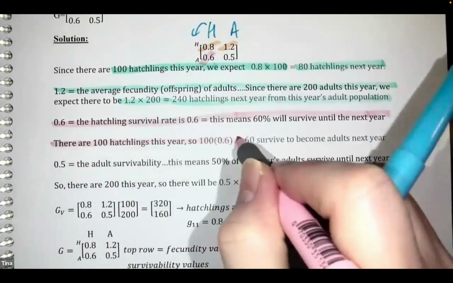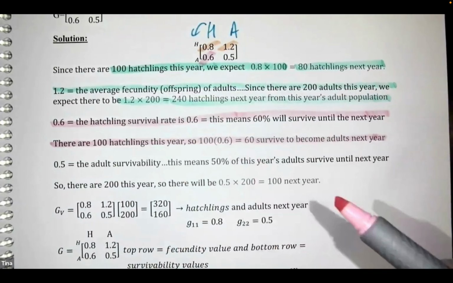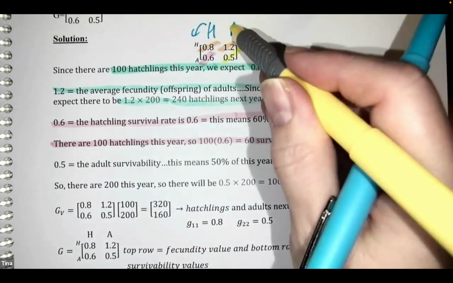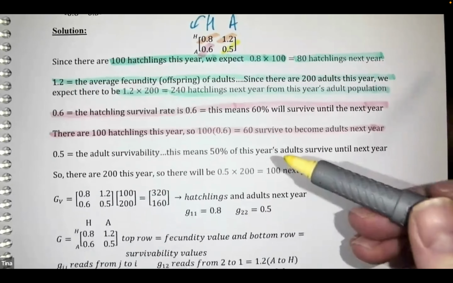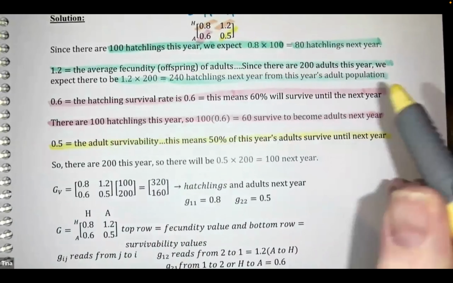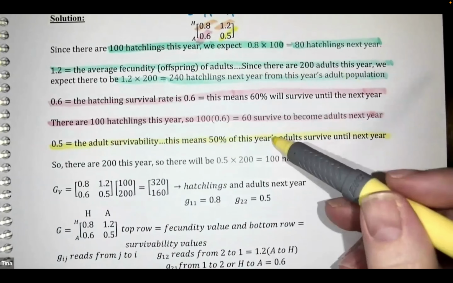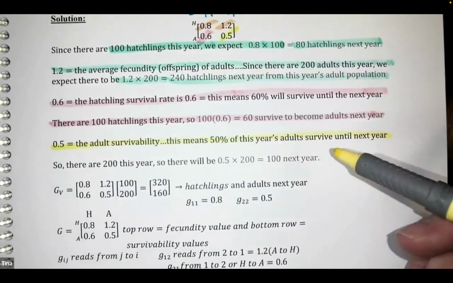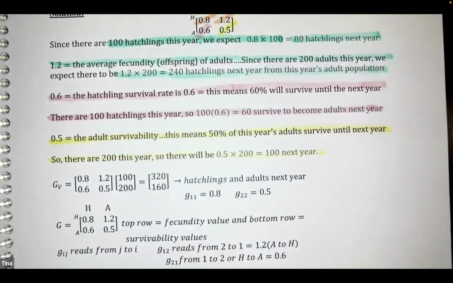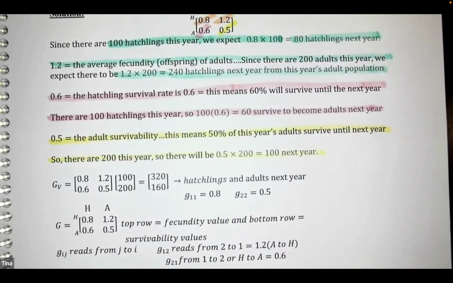So if there's currently 100 of them, then 0.6 times 100 is 60 that will survive to actually become adults. The 0.5 is adult to adult. What's that mean? Well, that's the adult survivability. So that means that 50% of this year's adults will survive to become next year's adults. And if there's 200 right now, then half of 200 is 100 in the next year.